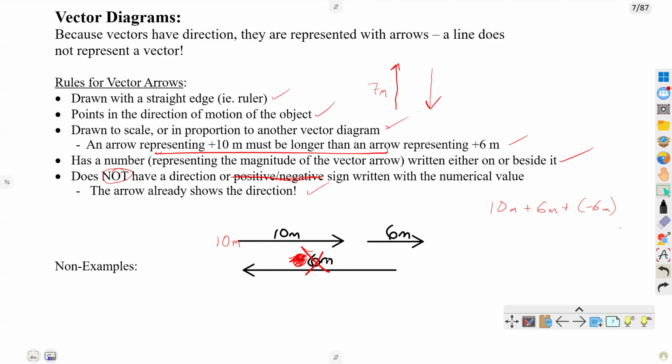Well, if we want to be drawing this to scale, it should be the same length as this arrow, more or less, and definitely not longer than the 10-meter arrow. So the better way to draw this would be having the arrow point this way and then just putting 6 meters, no plus, no minus, just 6 meters. That would be the right way to draw this arrow. This is absolutely the wrong way to draw it.